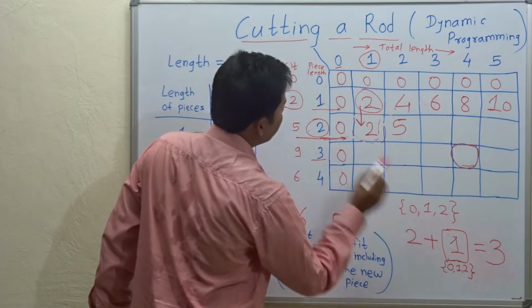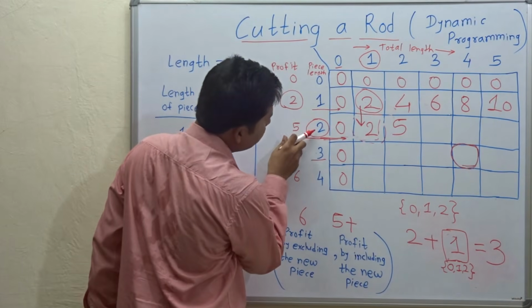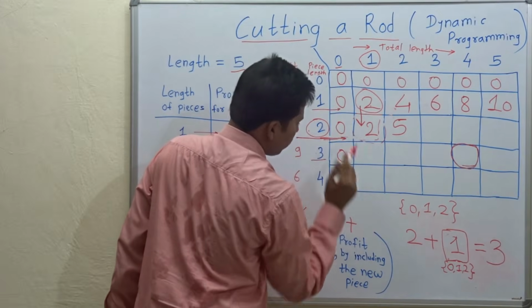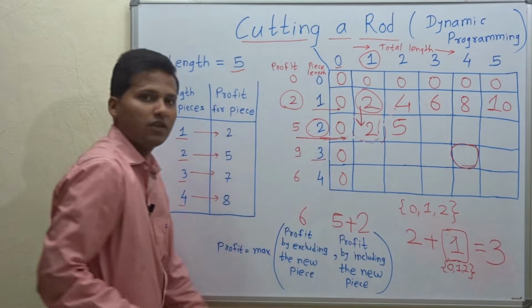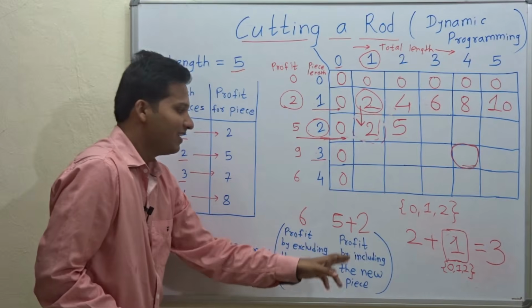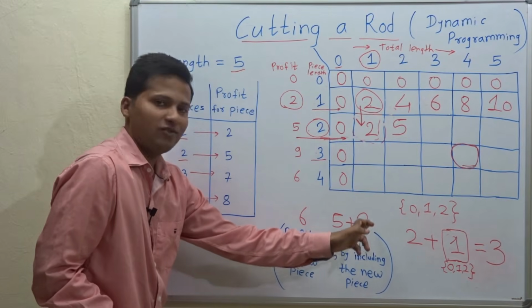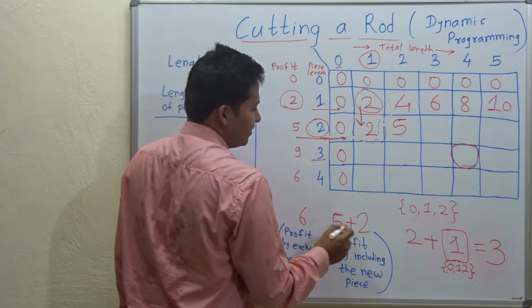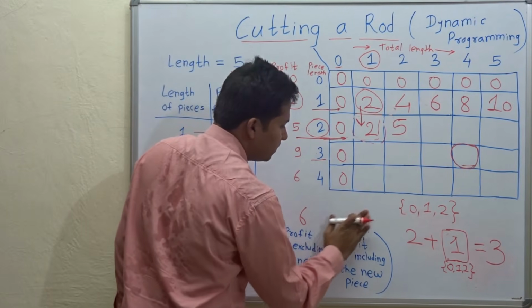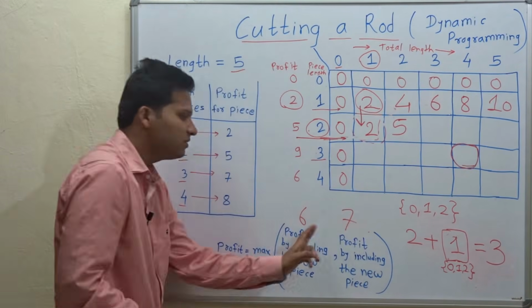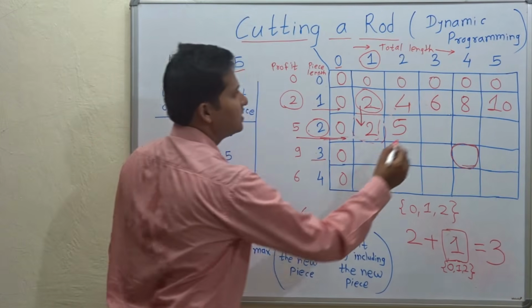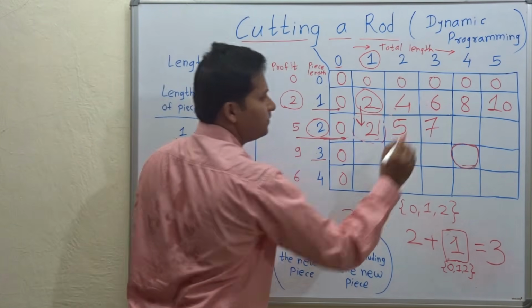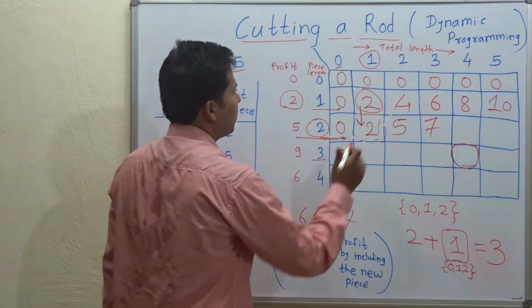By using 0, 1, 2 to make a total of 1, the profit is 2. 5 plus 2. The profit for the remaining rod, means the remaining length 1. So 5 plus 2, that is 7. What is the maximum? 6, 7? 7 is the maximum. Okay, let's go ahead.